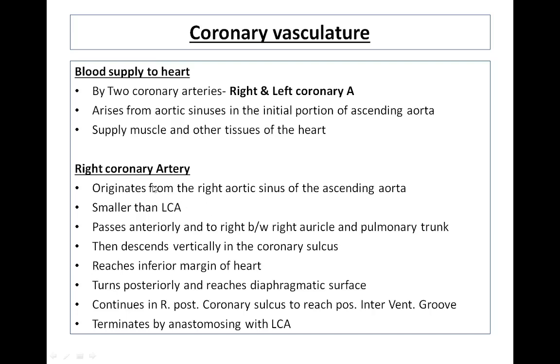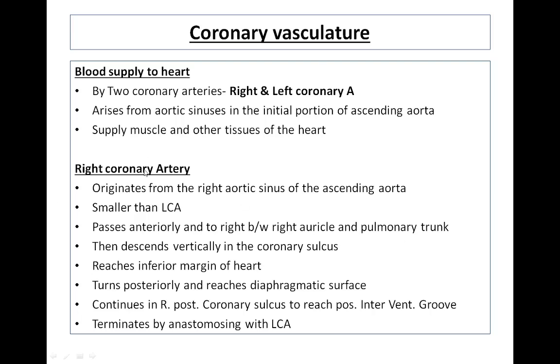It arises from the right aortic sinus. I have said that there are three aortic sinuses at the root, or the starting of the initial portion of the ascending aorta. These three dilatations are known as the aortic sinuses. Out of these, the two coronary arteries arise from two aortic sinuses, and one aortic sinus is non-coronary.